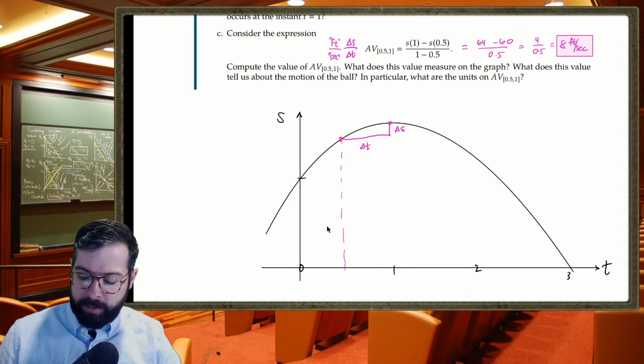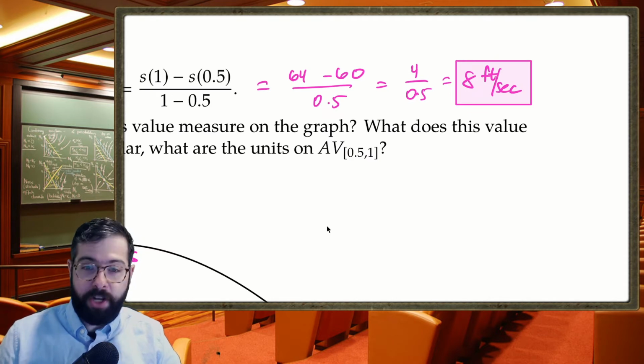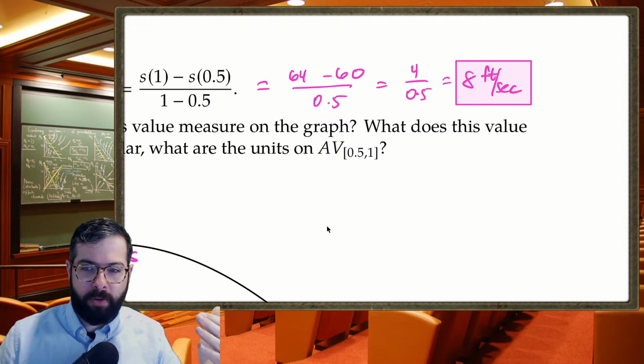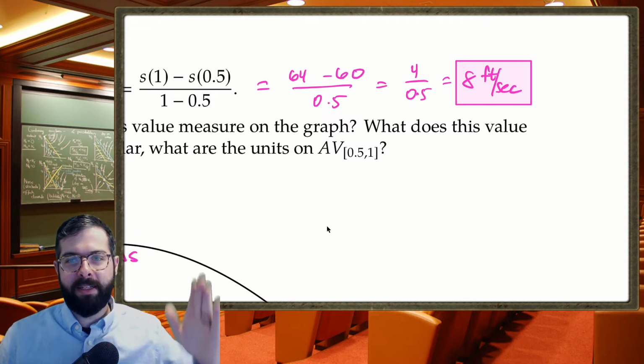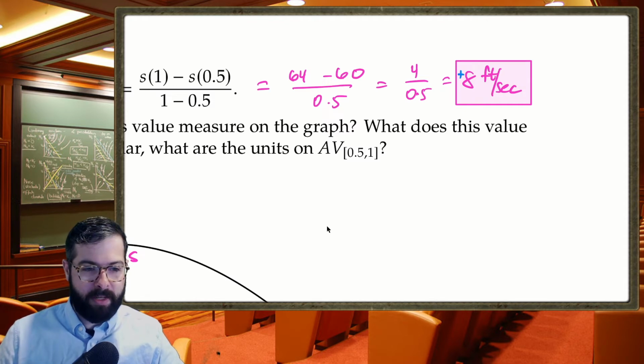So what does this tell us about the motion of the ball? Well, we can be pretty specific here. This is changing at a rate of 8 feet per second, but changing is kind of general. What do we know about it? It's going up. And that's actually denoted by the fact that it's a positive 8, not a negative 8.